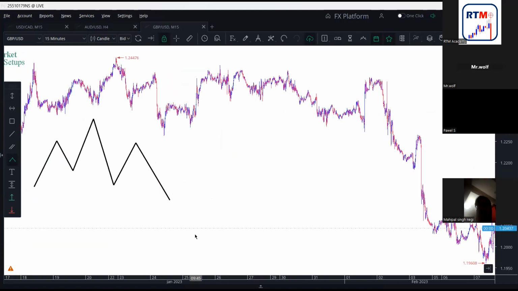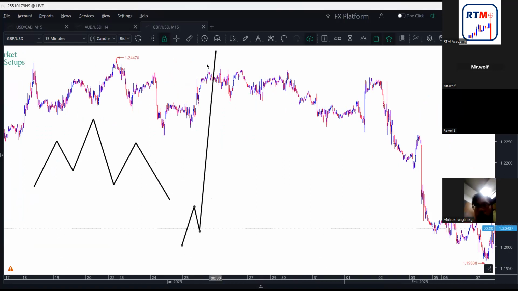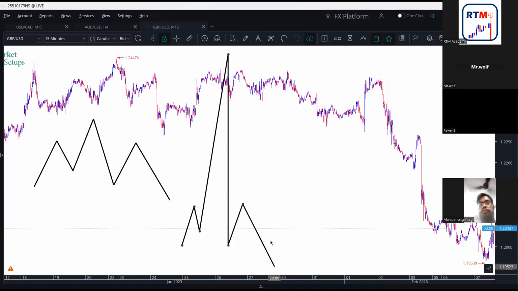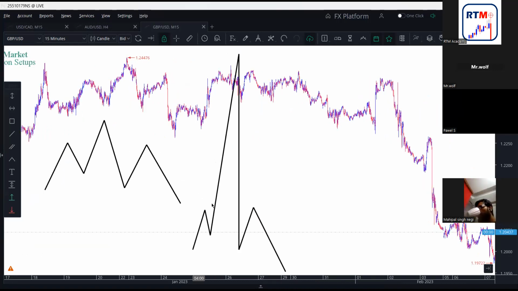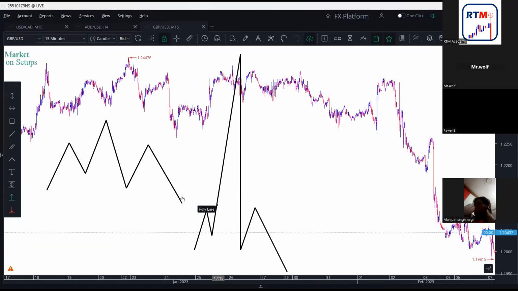Most of the time, the QM that you see in the market is something like this: high, low, higher high, and lower low, and this is still a QM. But the way that you identify this one as a QM is really hard, and that needs a lot of practice.